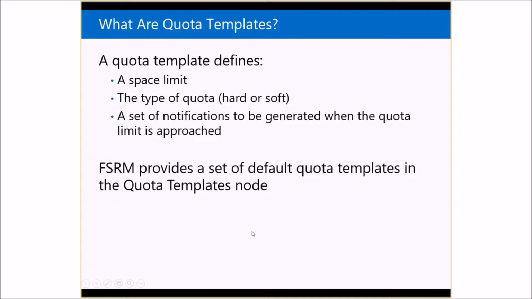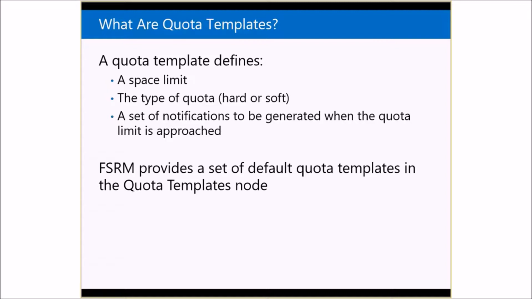So what if we had a whole heap of people that we want to put quotas for? We can actually create what's called a quota template. It's basically just like anything. Remember we talked about user templates before? A template is basically a set of settings that you want to pass on to someone every time we use it.